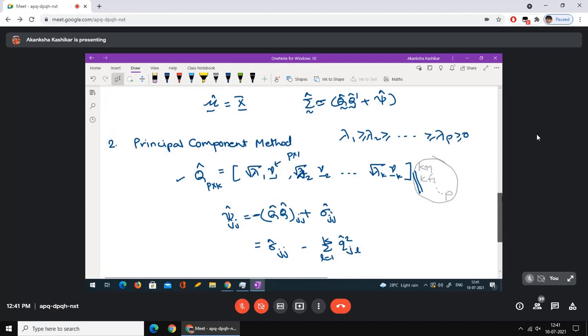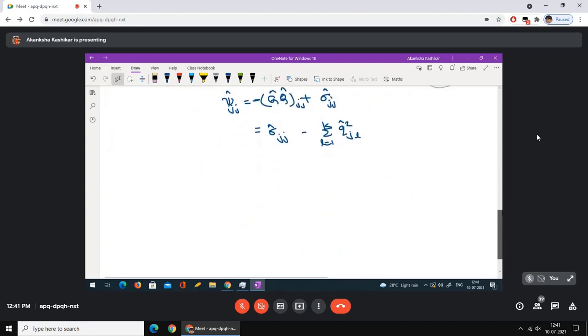And how much is the error in approximation? We won't prove it mathematically, but it can be shown that the sum over all the elements ij of sigma hat minus Q hat Q hat prime minus psi hat, the ijth element of this. Diagonal elements will be adjusted, no worries.